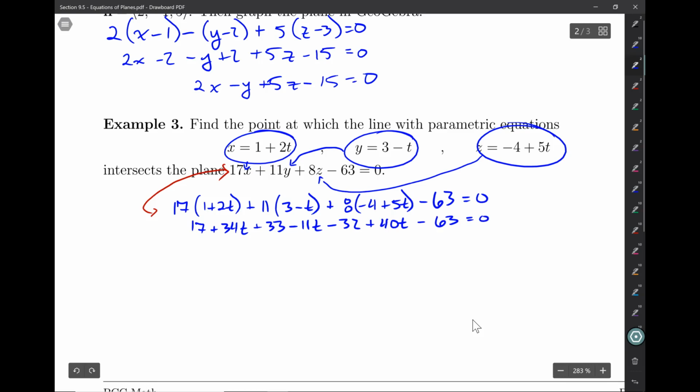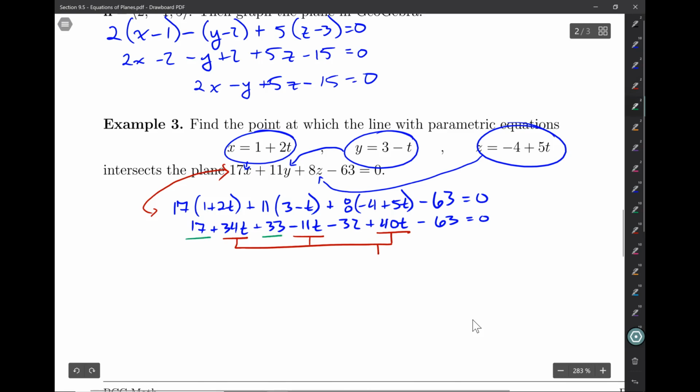Now we need to combine all of our like terms. We have 34t, and negative 11t, and 40t. Those 3 together should combine to give us a single amount of t's.